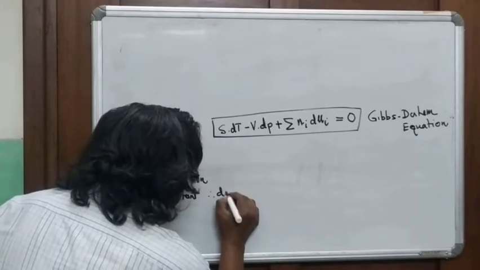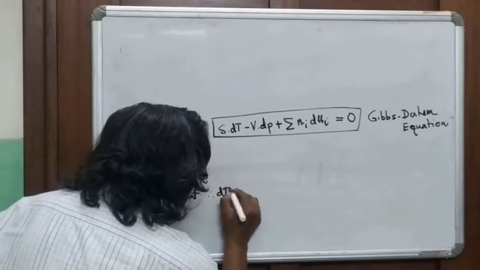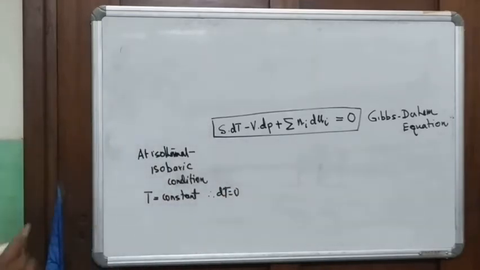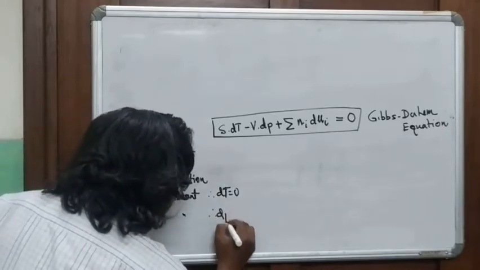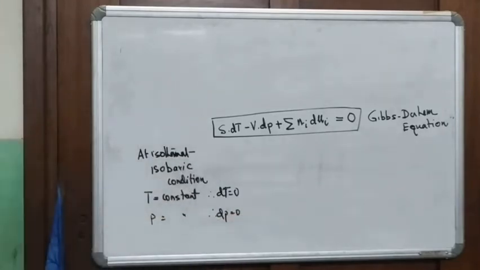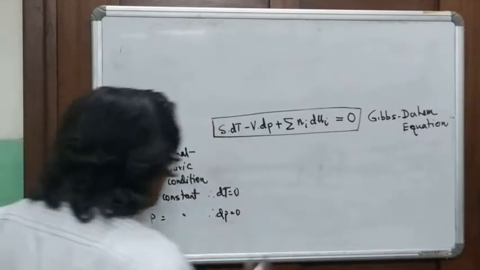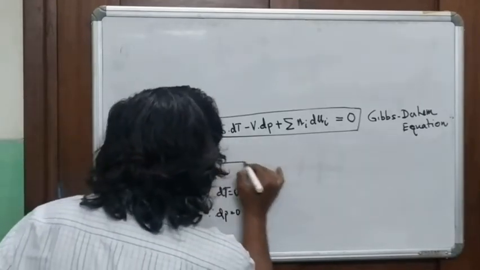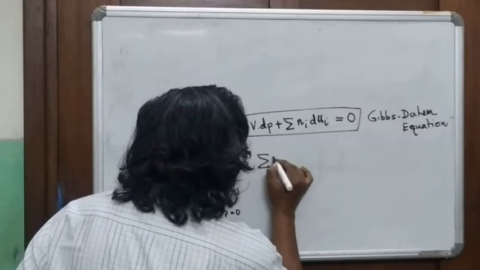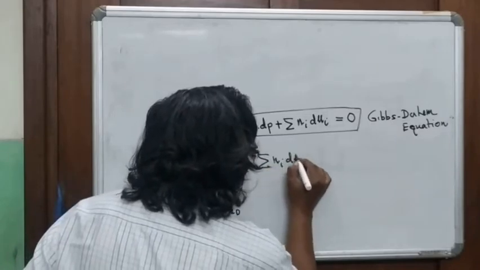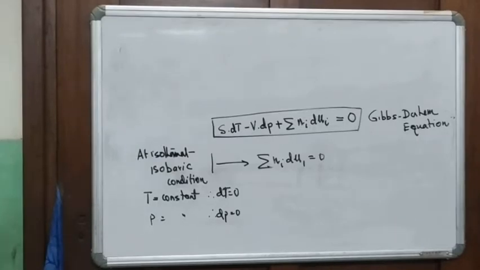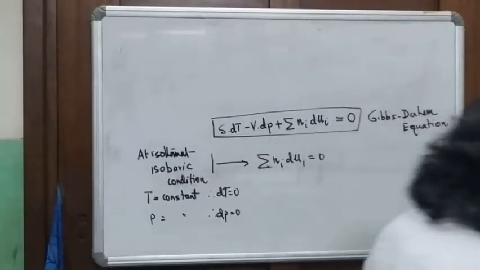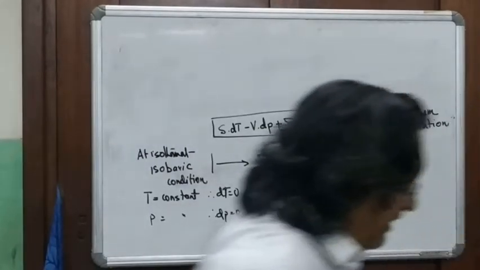Therefore, dT is equal to 0. And P is also constant. Therefore, dP is equal to 0. If you apply this at isothermal isobaric condition, sigma Ni d mu i is equal to 0. Tell me, have you understood?